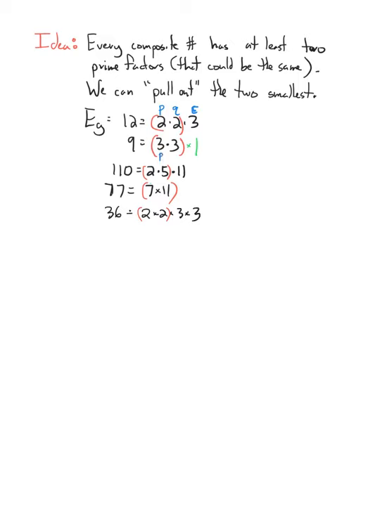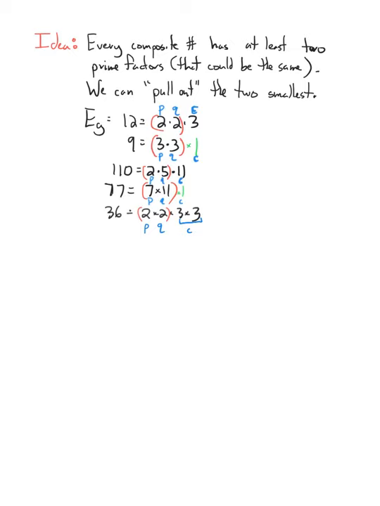For 9, P and Q are 3 and 3, and this 1 is going to be C. For 110, 2 is P, 5 is Q, and 11 is the rest, C. For 77, P and Q are 7 and 11, and C is, of course, just 1. And for 36, P is 2, Q is 2, and C is going to be the rest, 9 in this case, 3 times 3, just whatever's left over. We don't really care about it. We're just picking out the stuff we care about.